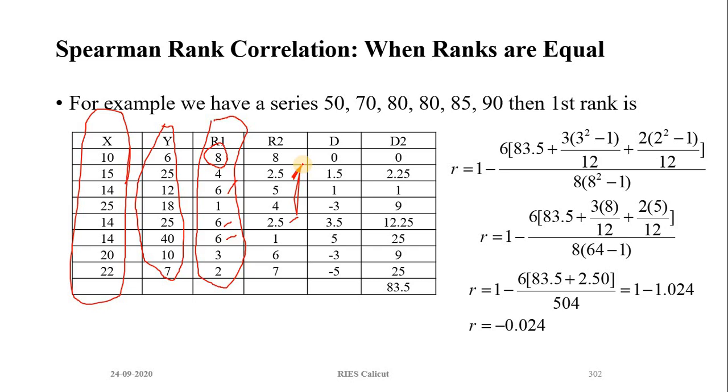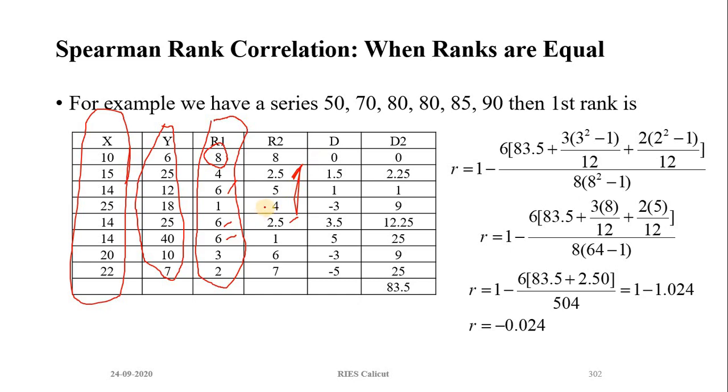Add the 2nd rank plus 3rd rank. 2 plus 3 is equal to 5. 5 divided by 2 is equal to 2.5. So I am assigning 2.5 to this person and this person. So 1 is over. There are 2 persons, ranks 2 and 3. Now the third rank will be for this fellow, 18.